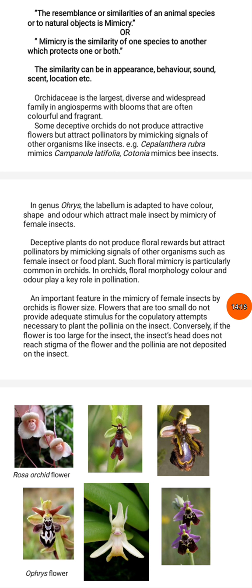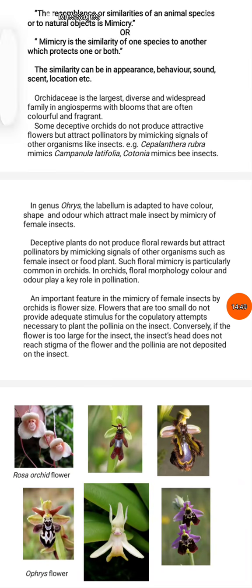In orchids, floral morphology, color and odor play a very key role in the process of pollination, because mimicry is a very important feature in the family Orchidaceae, where female insects are attracted to orchid flowers depending upon the flower size. Either flowers are too small or too large.